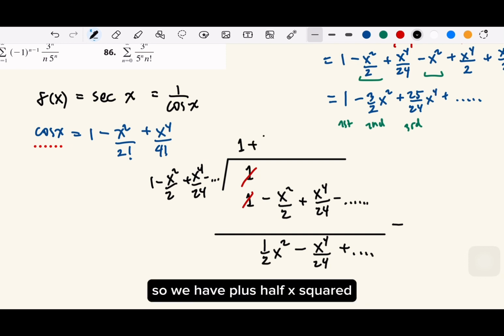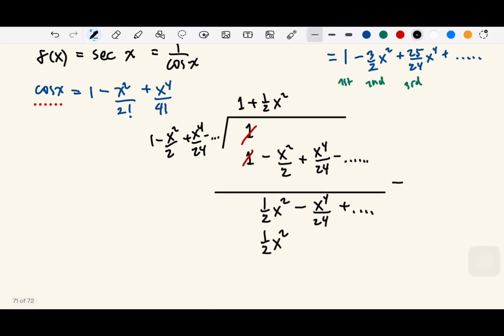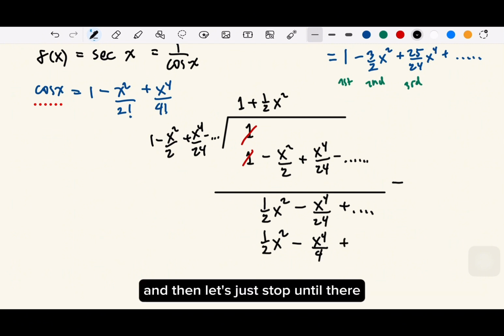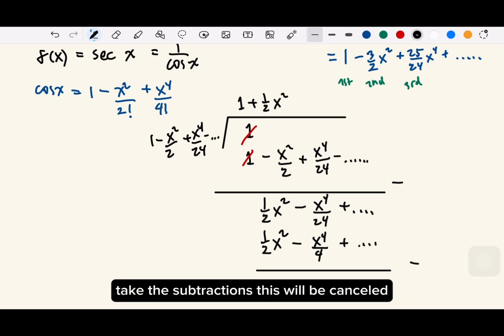So we have plus half x squared minus x to the power 4, and let's just stop there, and then plus dot dot dot. Taking the subtraction, this will be cancelled.